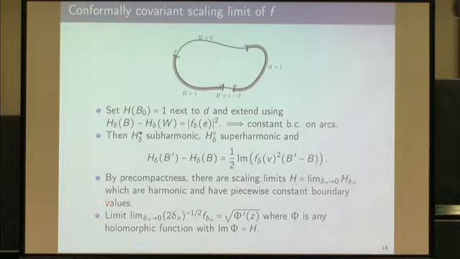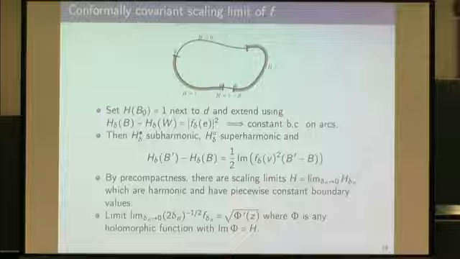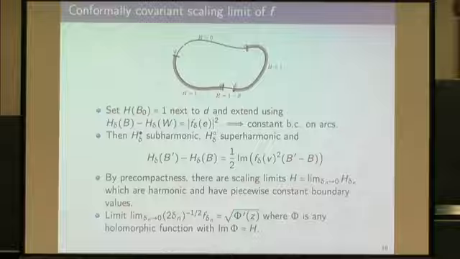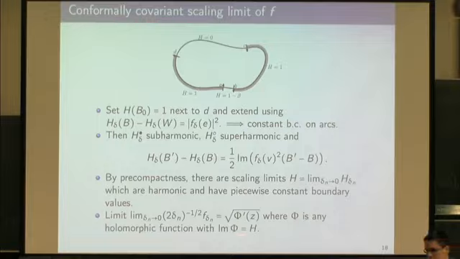And then you can take limits. For this f function, this actual observable, you could take the limit of these integrals of f squared, but then you can also take the scale limit of the actual function f, and its scale limit will be phi prime, where phi is any holomorphic function which has as its imaginary part this function h.